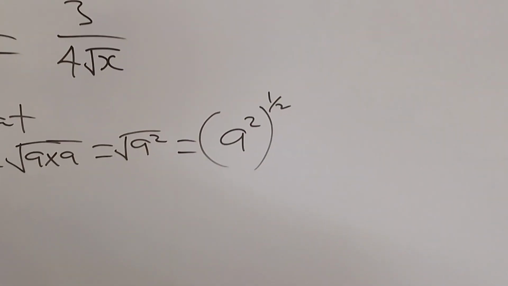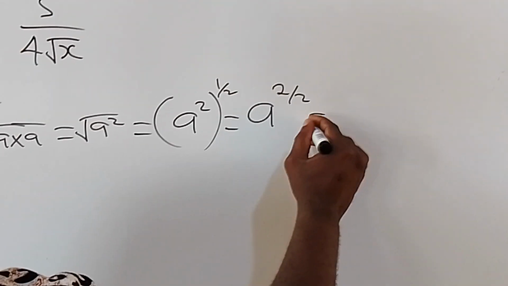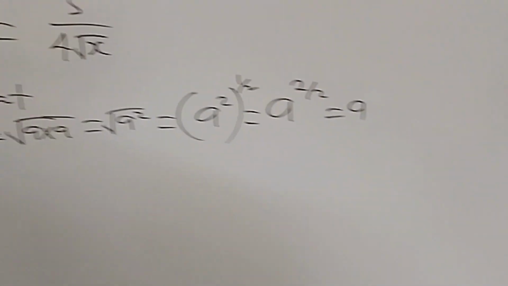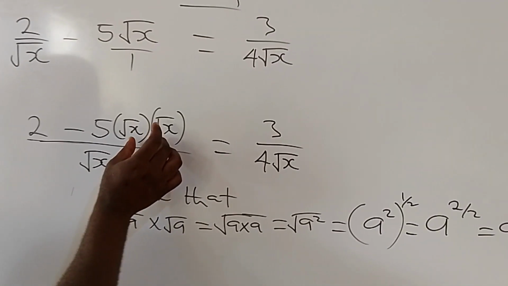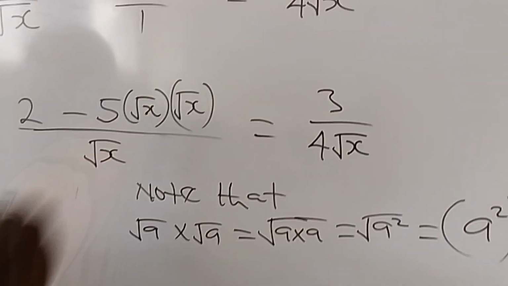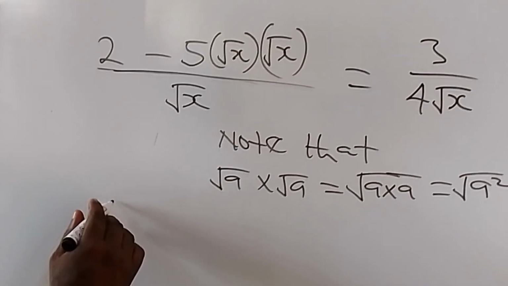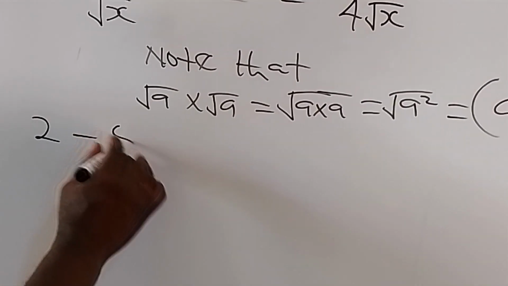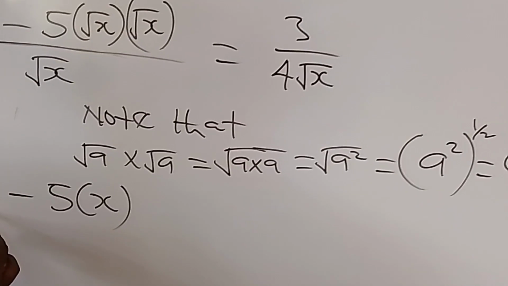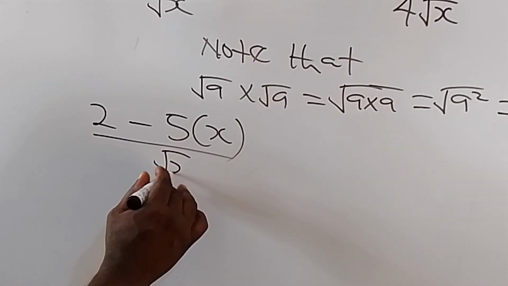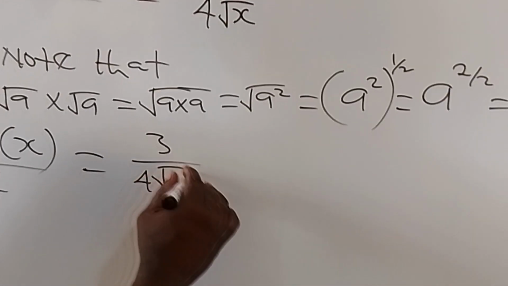This is the same thing as a raised to the power of 2 over 2, which equals a. Is that clear? So here we apply the same approach. It means here we are going to have x, isn't it? So we write 2 minus 5, all in bracket, x, true or false? All over square root of x equals 3 over 4 root x.